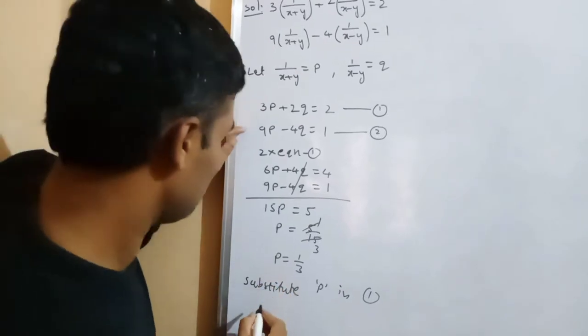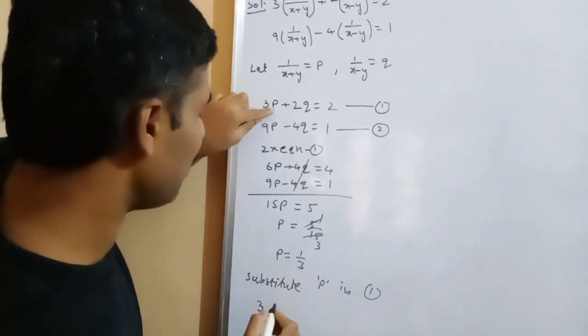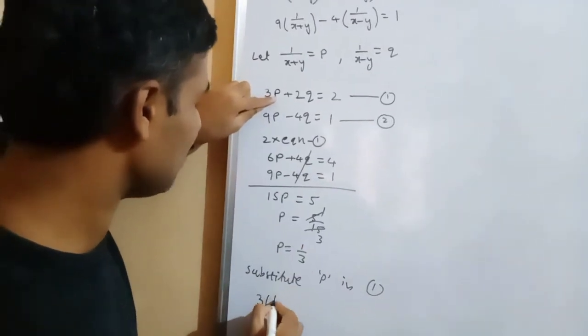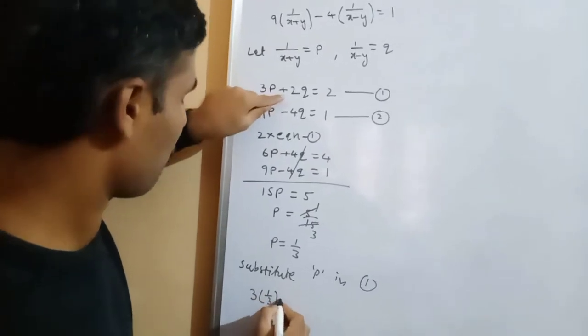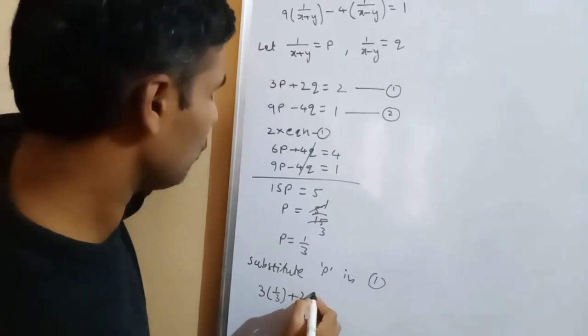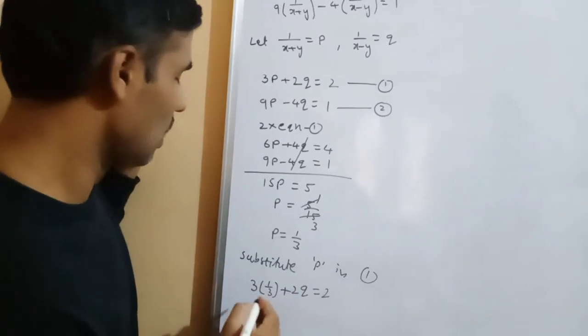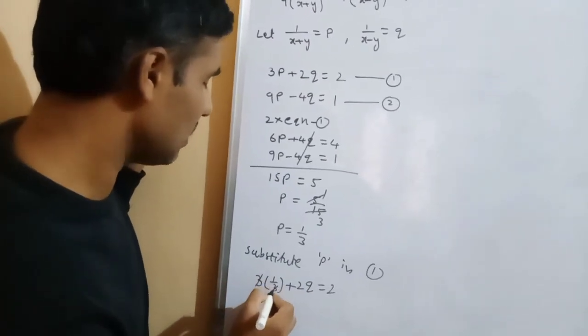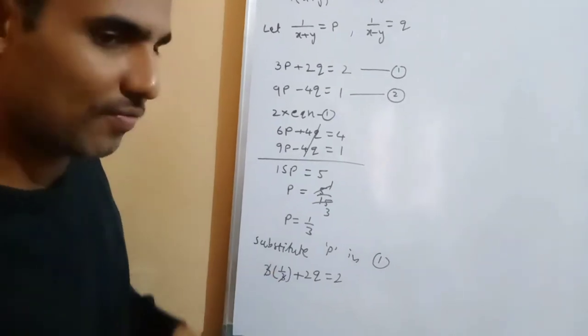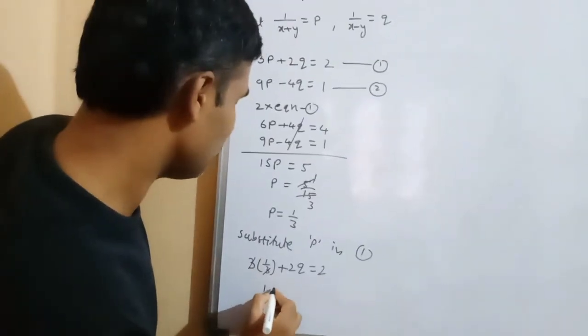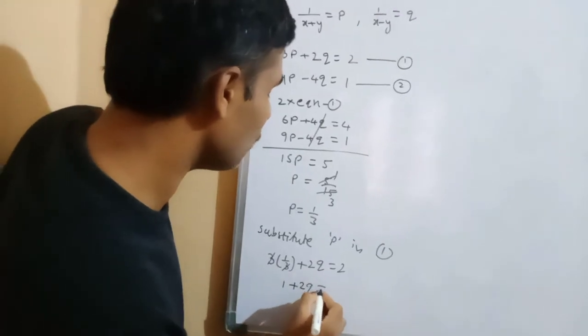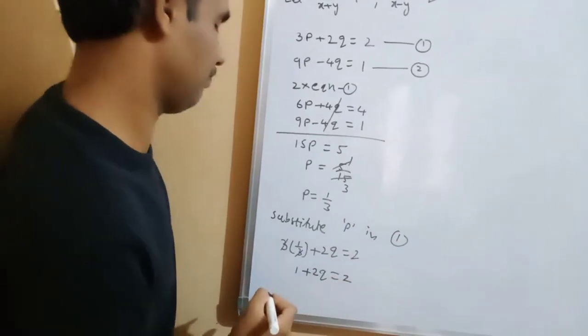So in 3p I write 1 by 3 for p, plus 2q equal to 2. Now the 3 and the 3 cancel, so 1 plus 2q equal to 2.